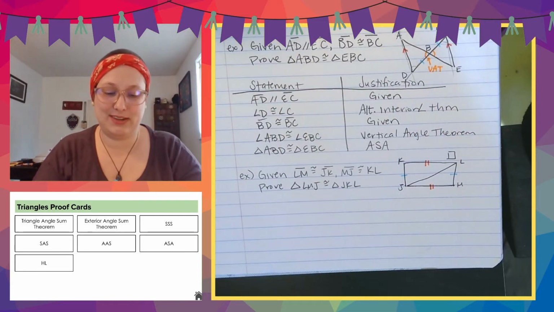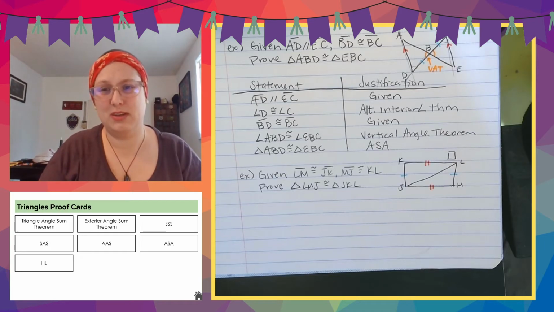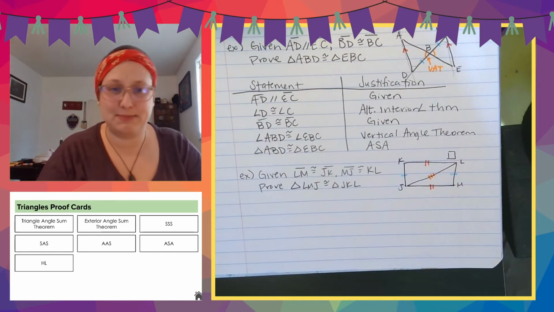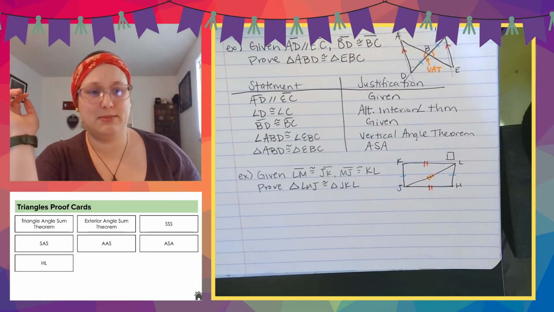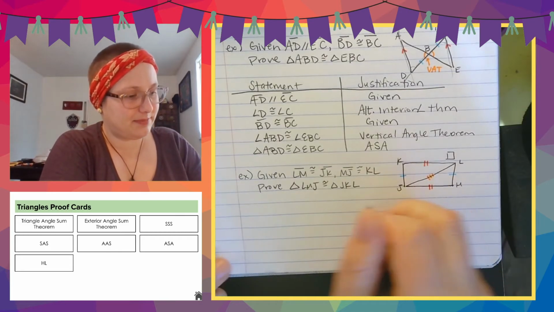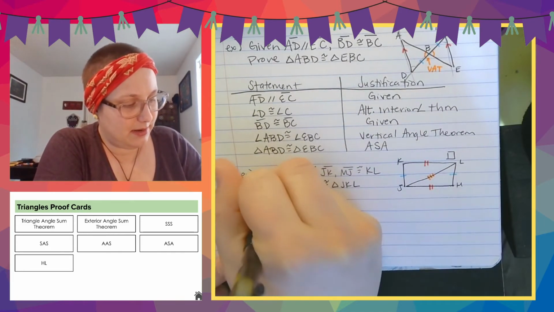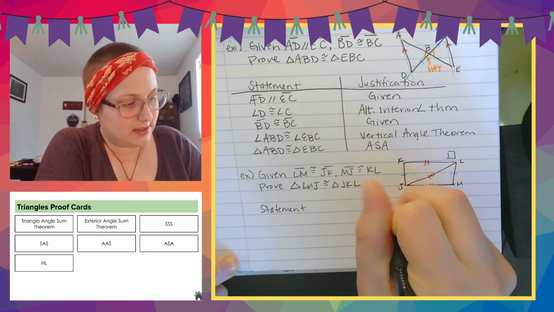Okay, well then I only need, can I find any angles that are the same? No, but I know that this one is the same as itself because it's reflexive again. So I have a 3-step proof basically. Well, 4 with the extra thing, but let's get it done. Okay, so statement and justification.